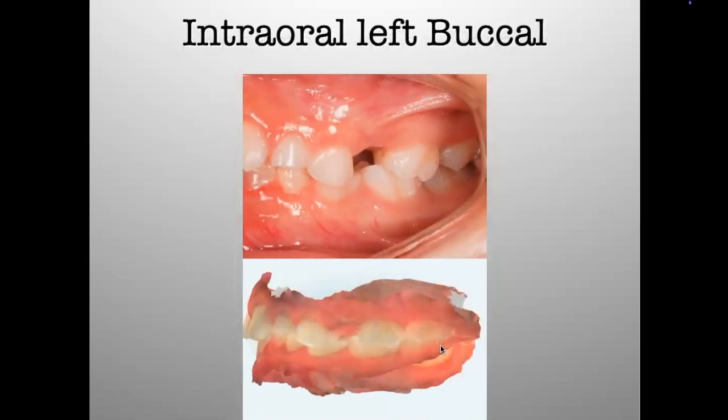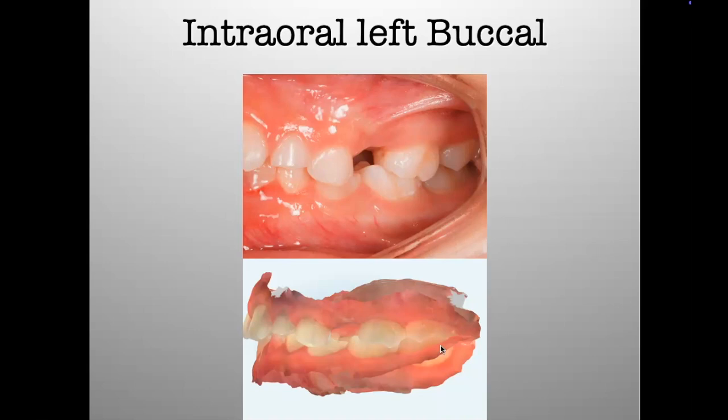Left buccal photo here. Even though we have lost that maxillary left first molar, primary first molar, we've had some associated space loss, but not a huge shift to the left side. Still pretty class 1. If anything, maybe even slightly class 3 tendency. Now, why might this side be more class 3 tendency than the other side?